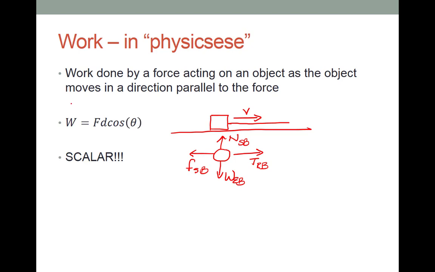By definition, work is given by W equals F d cosine theta. So now you're looking at this W and you're looking at that W and going, oh, too many W's. Yes, you could definitely have a situation where the weight force is doing work and end up with W equals W, which could get very confusing.